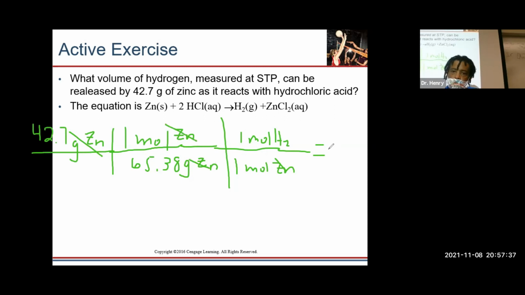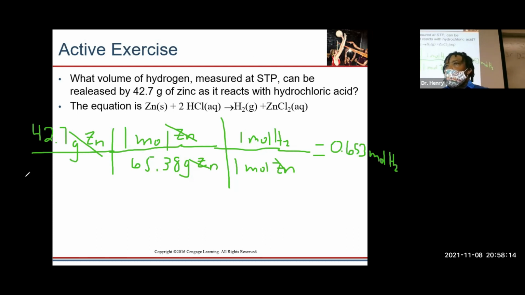Okay. So 0.653 moles of H2. Okay, so now that I got moles of H2, everything else is at STP.